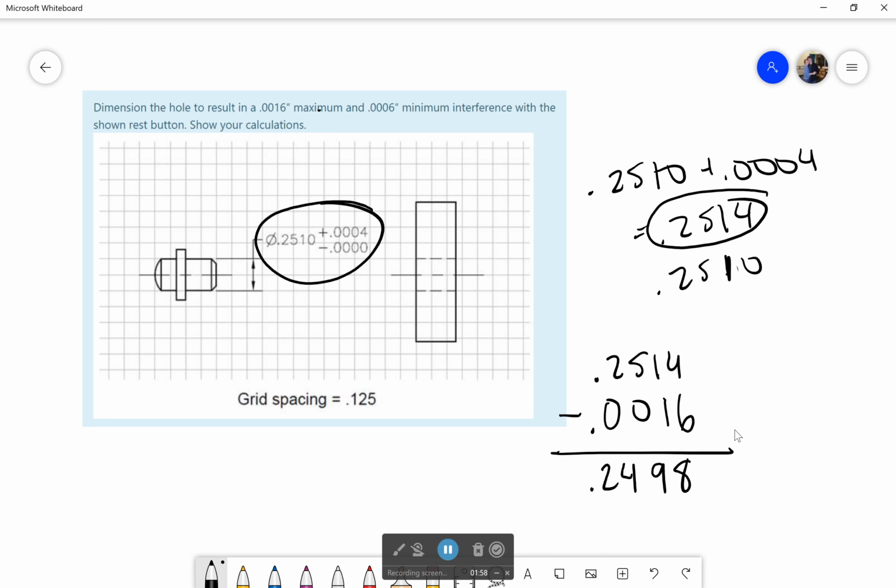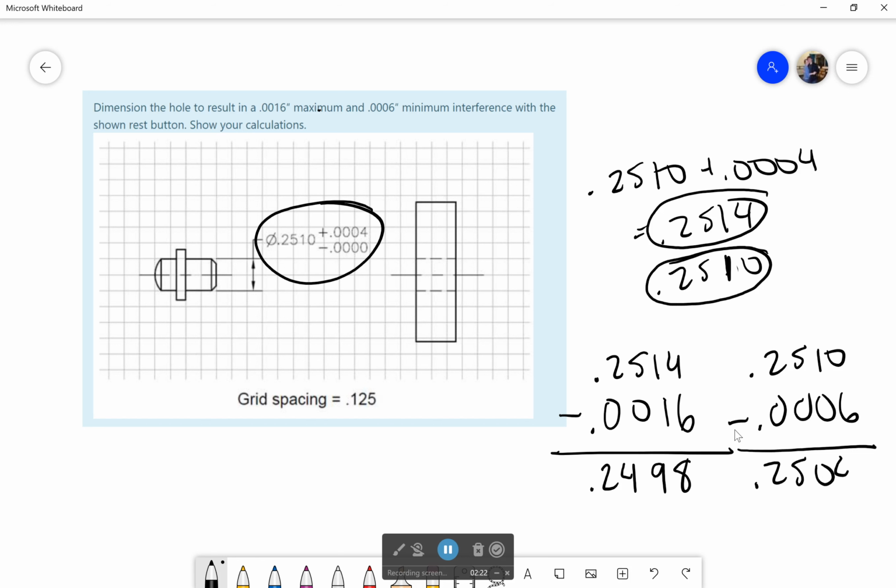Now let's figure out the minimum interference. Well, the minimum interference would happen when I have the smallest shaft and the largest hole. So this will be the maximum size for my hole. So 0.2510. I'm going to subtract off that minimum interference, minus 0.0006. And then let's do some math, and that comes out to be 0.2504.